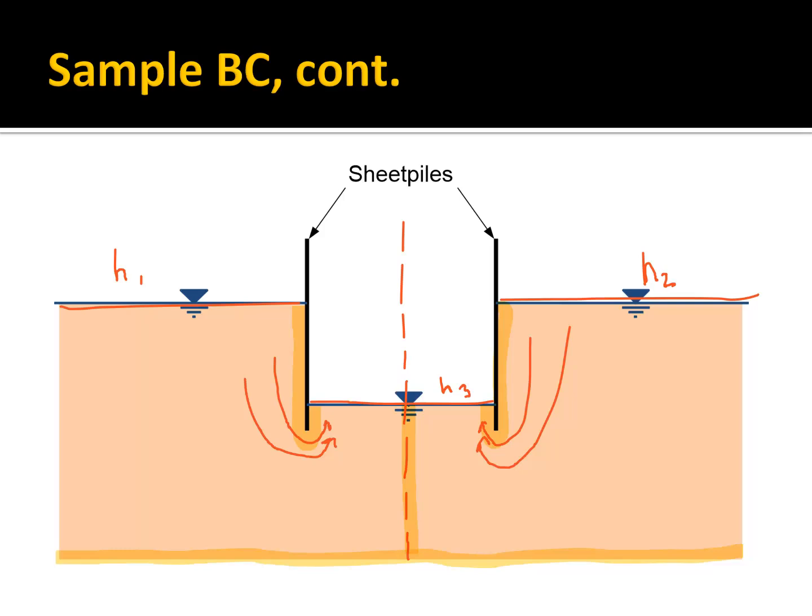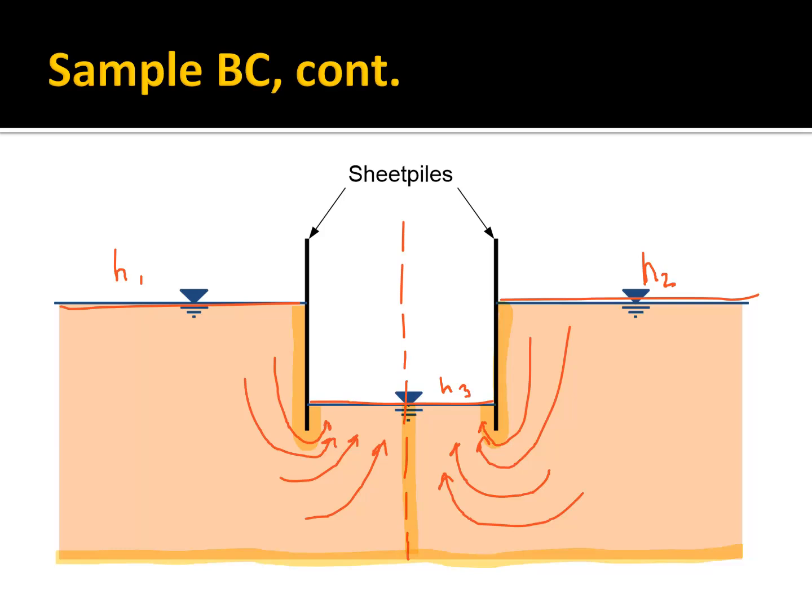Why is that a no-flow boundary condition? Not because of any physical barrier there. It's because all of the water organically just flows like this. It's symmetric, and so there's some dividing line in the middle where the water just doesn't cross that.